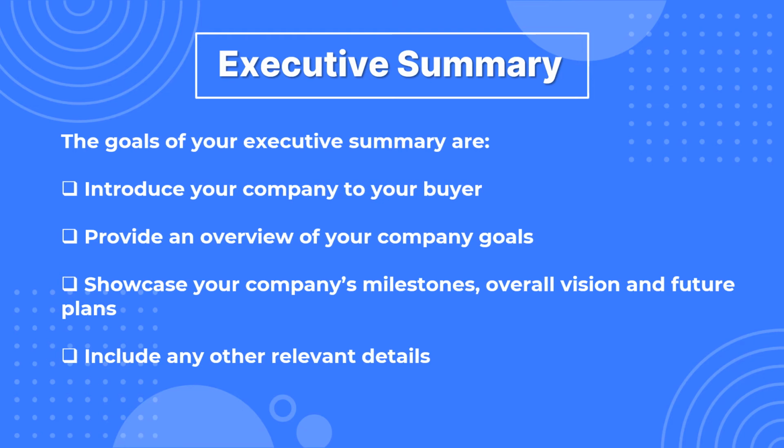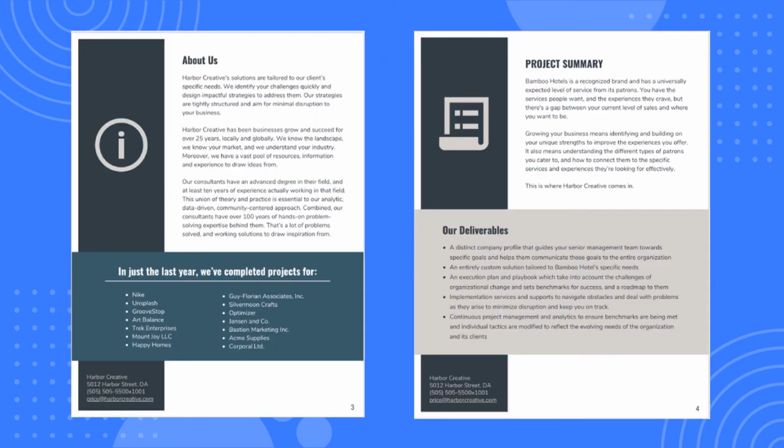Essentially, focus on keeping your executive summary concise and clear from the get-go to set the right tone for the rest of your proposal. This makes it more likely that your buyer will continue reading your proposal. This is an example of an executive summary from a business proposal.